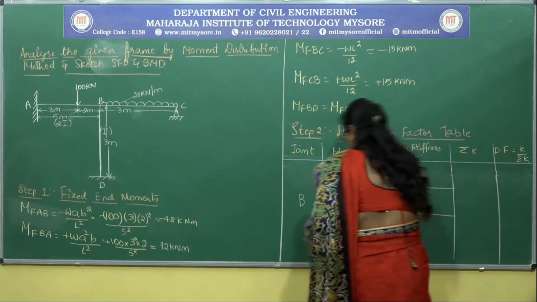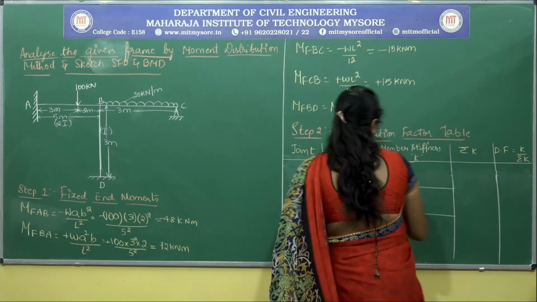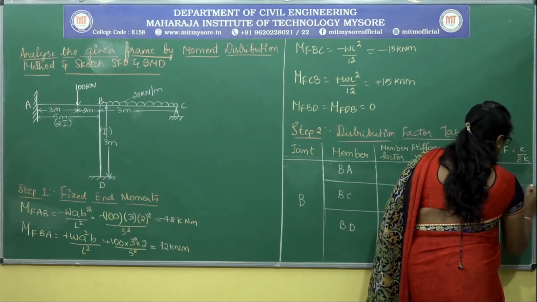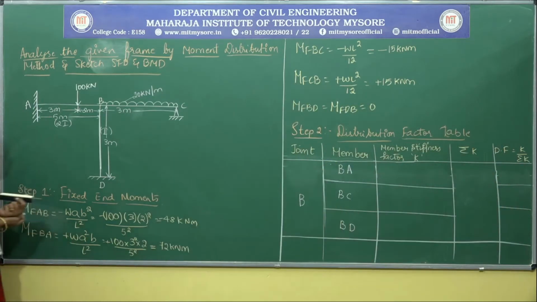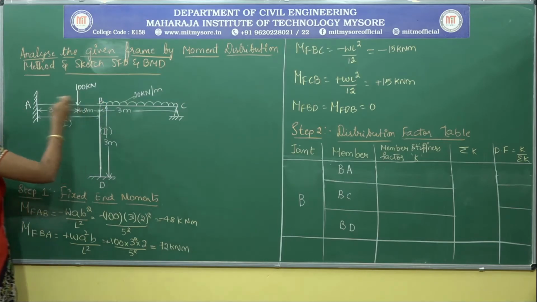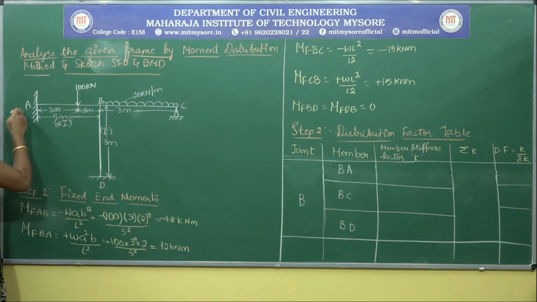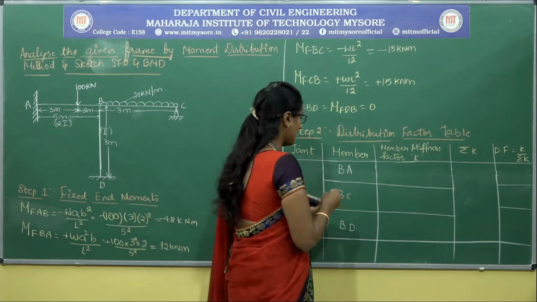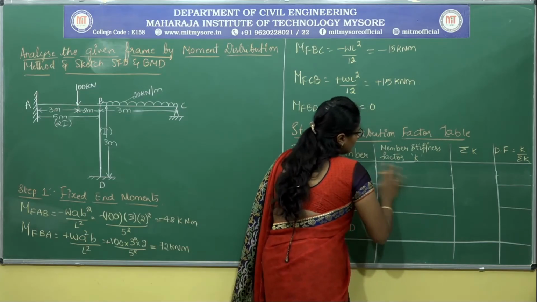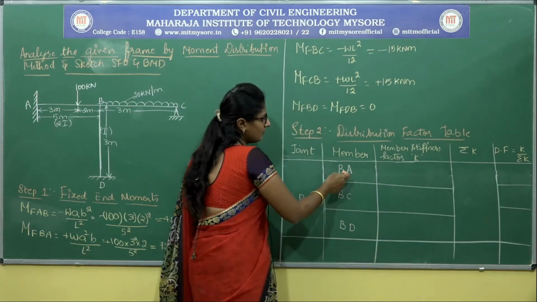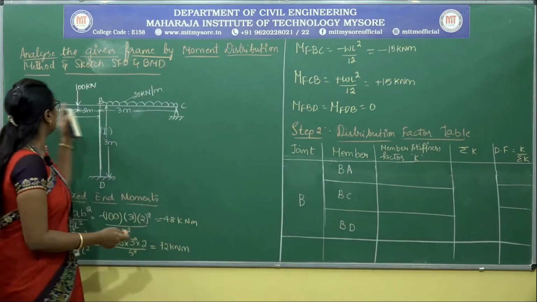Okay. So calculate the stiffness. Together we obtain, and finally again we need to calculate distribution factor for all the three. So now for BA span, the near end is B, far end is A. For a given span, if the far end is fixed, the stiffness factor is K, which is equal to, for this member BA, B is the near end and A is the far end.